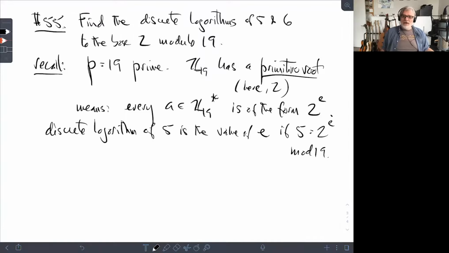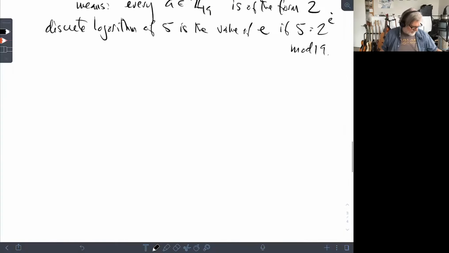If you keep that in mind and you're asked to compute the discrete logarithm, then you will not be trying to remember a shortcut to find it. There is no known shortcut, which means you take powers of 2 until you hit 5. That's basically it. So no shortcut. I'll just state it like that.